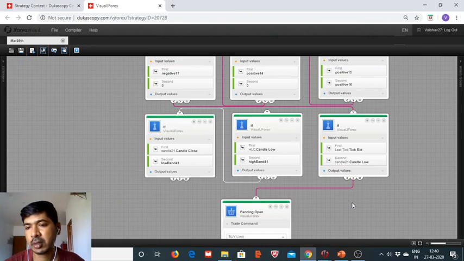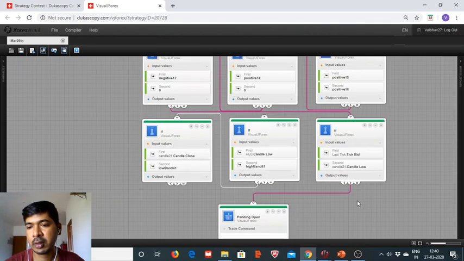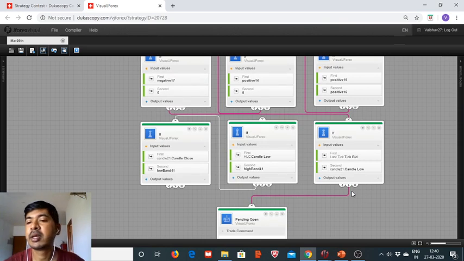And this is the tick bid. We will not make any changes to the prior condition. So the tick bid should be greater than the candle low. So we keep as it is. We just stop this flow and direct it to the second condition. It should be greater.